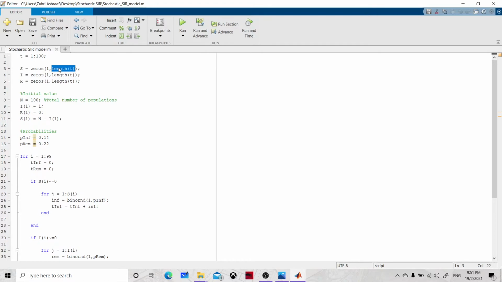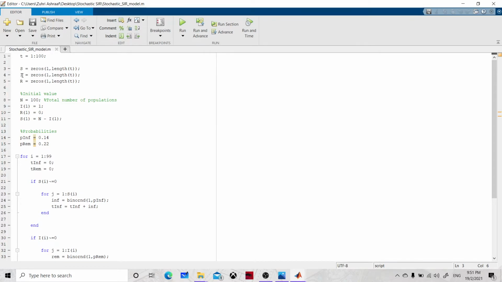This is important because in MATLAB, if you want to plot a graph, the x and y need to have the same size, and that's why we use the length of t, so that S, I, R and t have the same size.